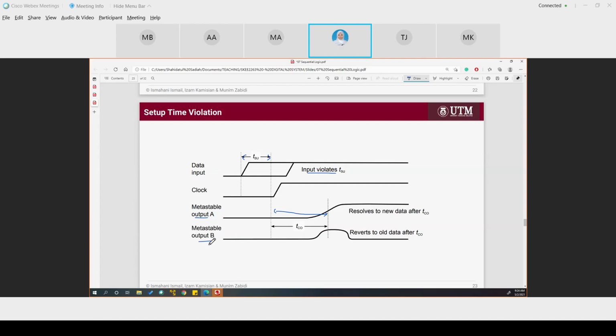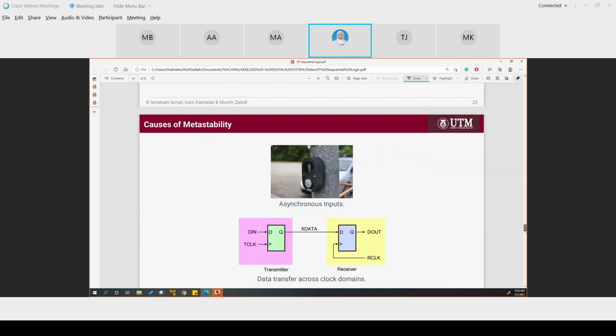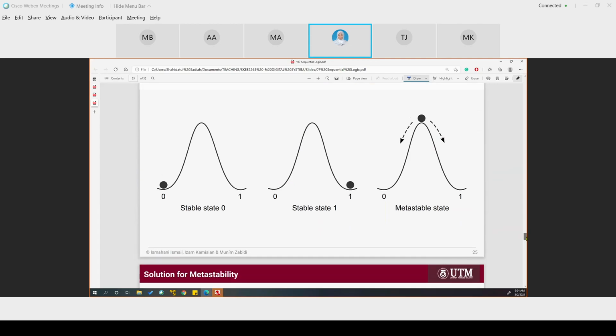And for output B, it probably changes to the correct data, the new data, but then it will go back to the old data. So that is the possibility. As you see in the textbook, I'm not sure if it is in this slide or not.